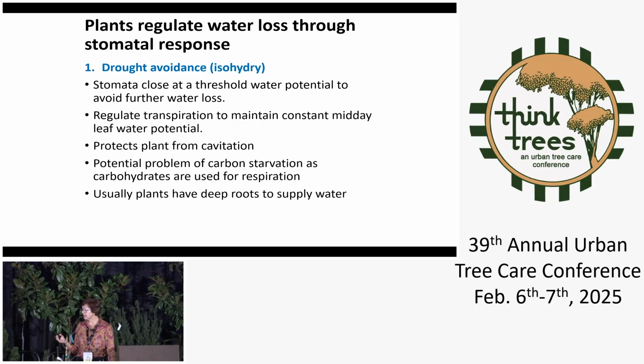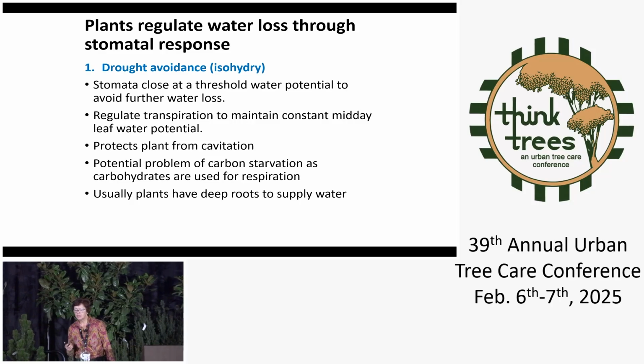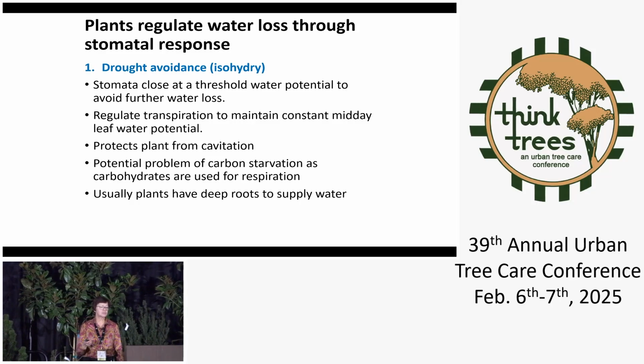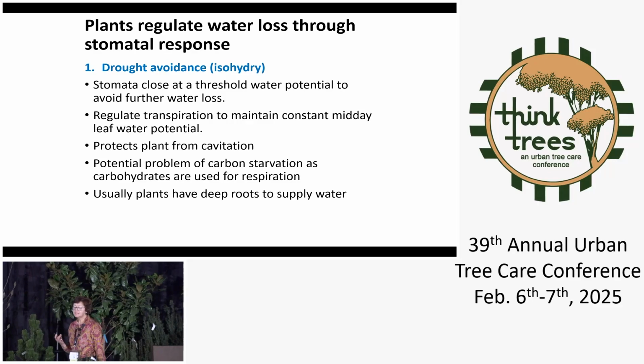It protects the plant from cavitation, but on the other hand, it also decreases photosynthesis, and so that can lead later on to carbon starvation because the carbon is still used in respiration, whether the plant produces it or not.